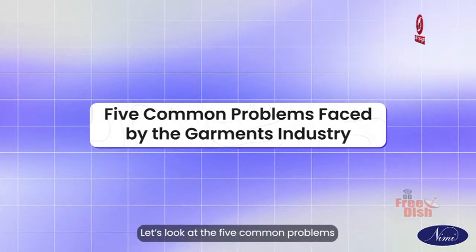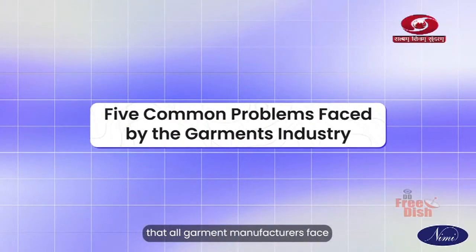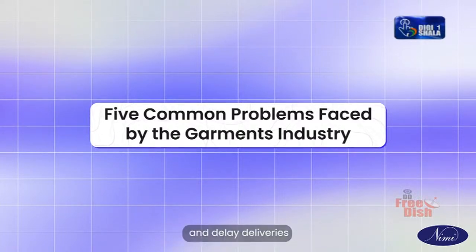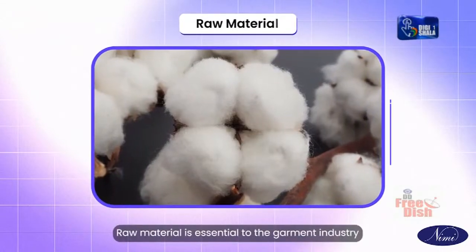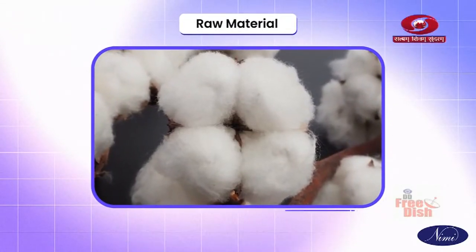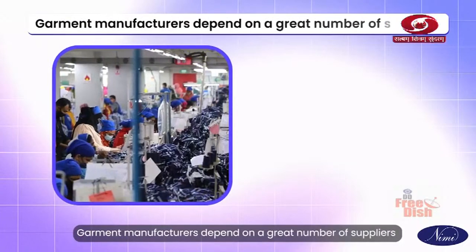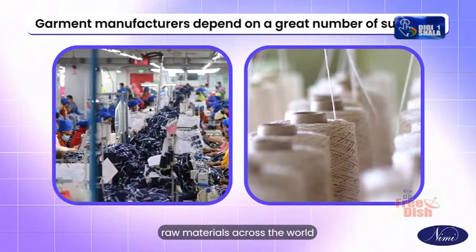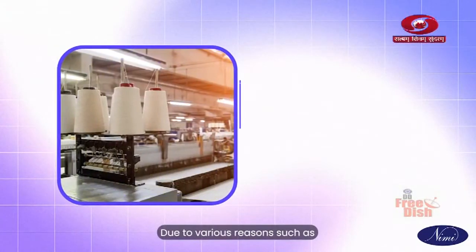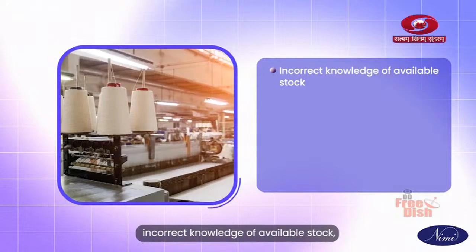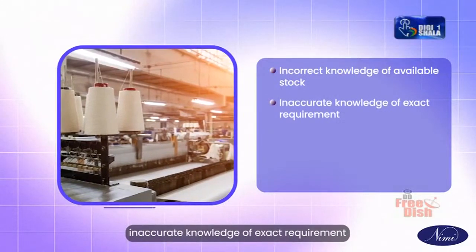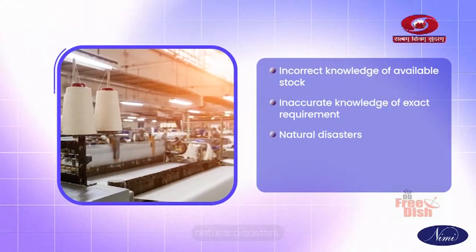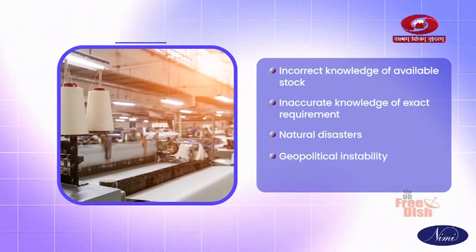Let's look at the 5 common problems that all garment manufacturers face that hamper the garment production performance and delay deliveries. Raw material is essential to the garment industry. Garment manufacturers depend on a great number of suppliers for raw materials across the world due to various reasons such as incorrect knowledge of available stock, inaccurate knowledge of exact requirement during the production phase, natural disasters, and geopolitical instability.